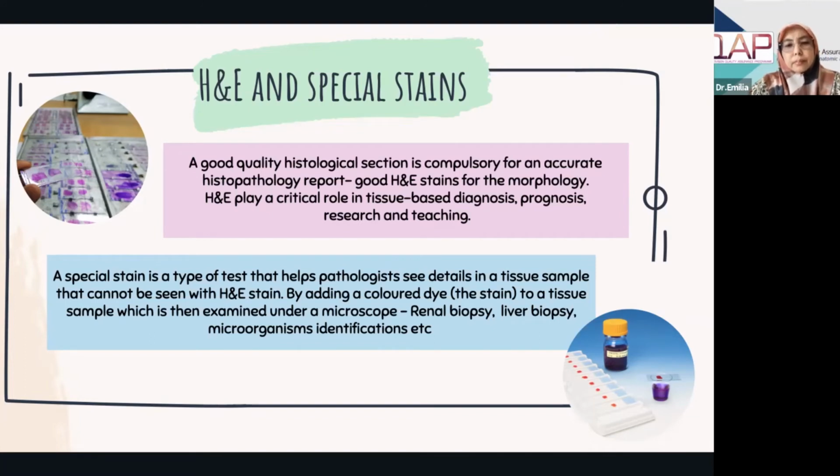But actually we can have this, because we can assess the special stains that are widely used in renal biopsy by doing this interlab comparison for special stains that we participate in. So this could give a value to special cases like renal biopsy or liver biopsy as well.